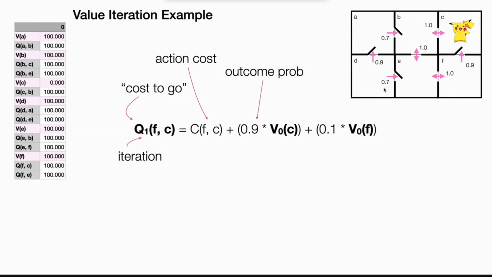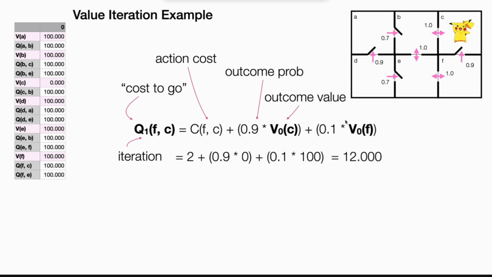We add in the outcome probability of getting to C, which is 0.9, and the outcome probability of staying in that state. We multiply by the outcome value, which is just the expectation that we did before, and we do it for both states.